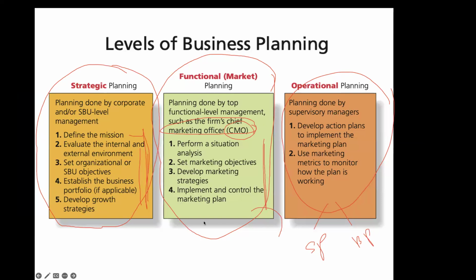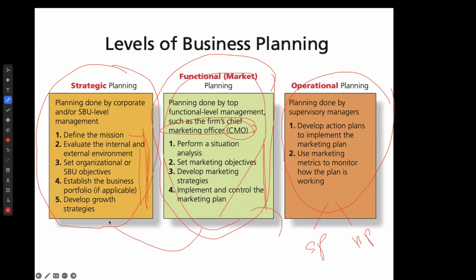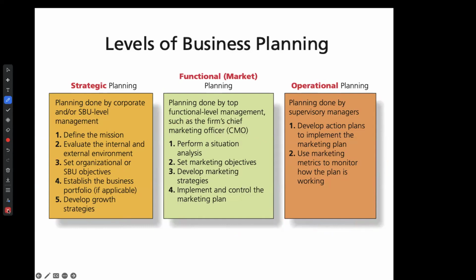And together with the marketing plan, you have the IT plan, HR plan, all functional plans, which inform the corporate plan. So planning can happen in 3 levels within the organization: strategic planning, functional planning, that's where the marketing plan comes, and then your operational plan.